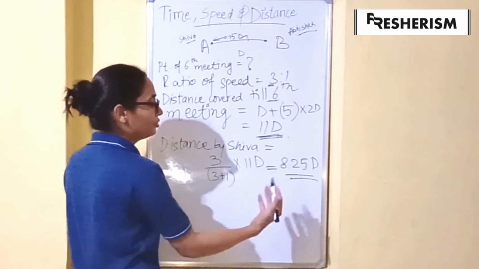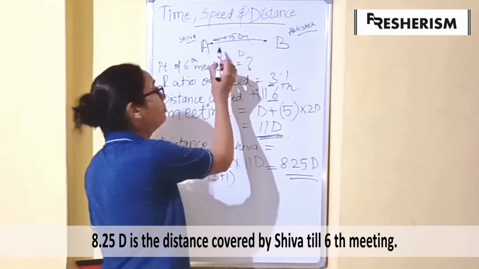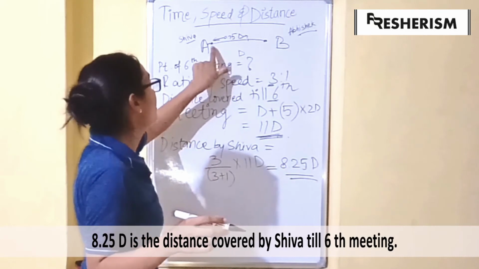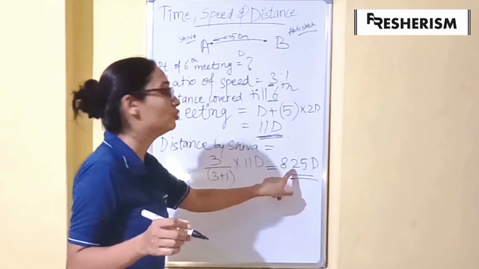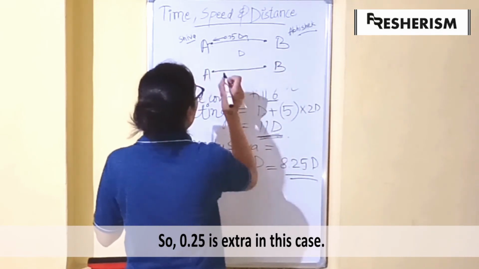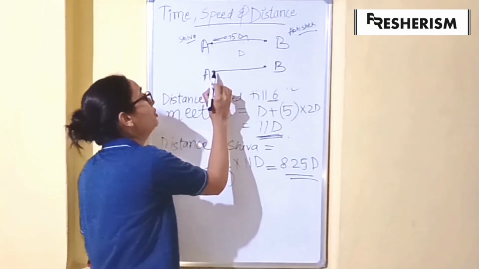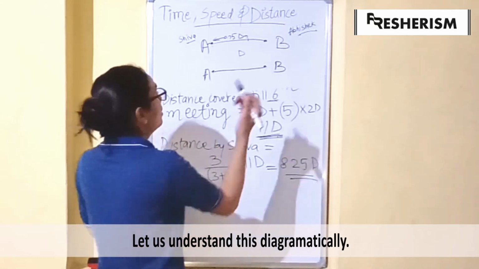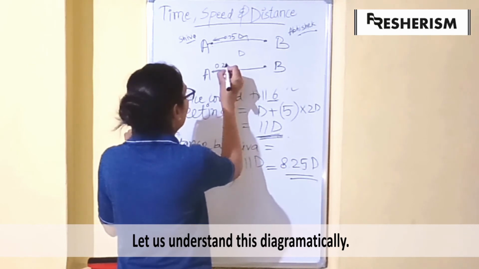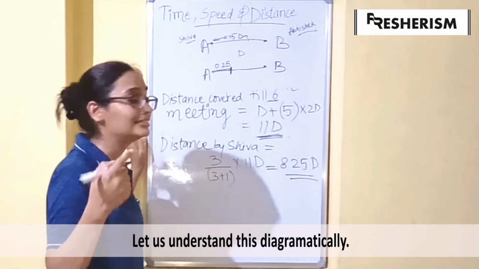So what will 8.25 D be? See, this is distance D, and when he comes back, this will be distance 2D. So in this way, 8D will be up to point A only. Then we have 0.25 extra, point A, point B. So this is D, this back is D, so 8D will be up to the point A only, and 0.25 will be some distance like this. This will be 0.25. So this is the point where they will meet again for the sixth time.